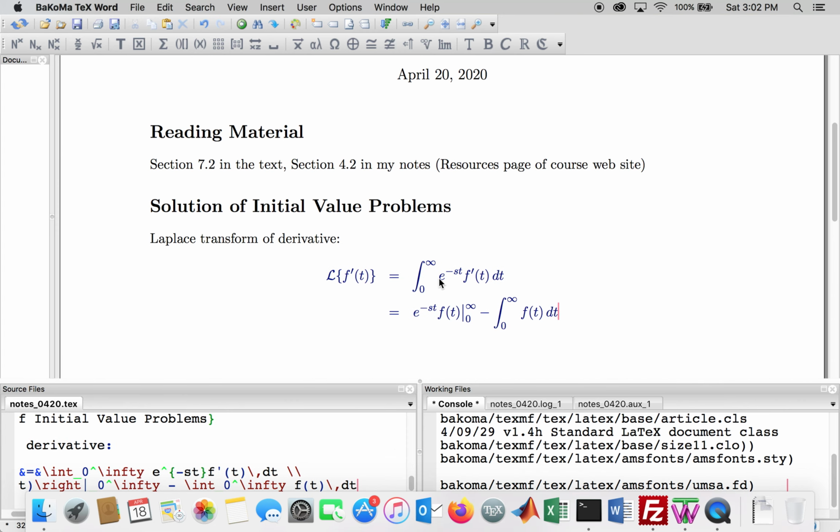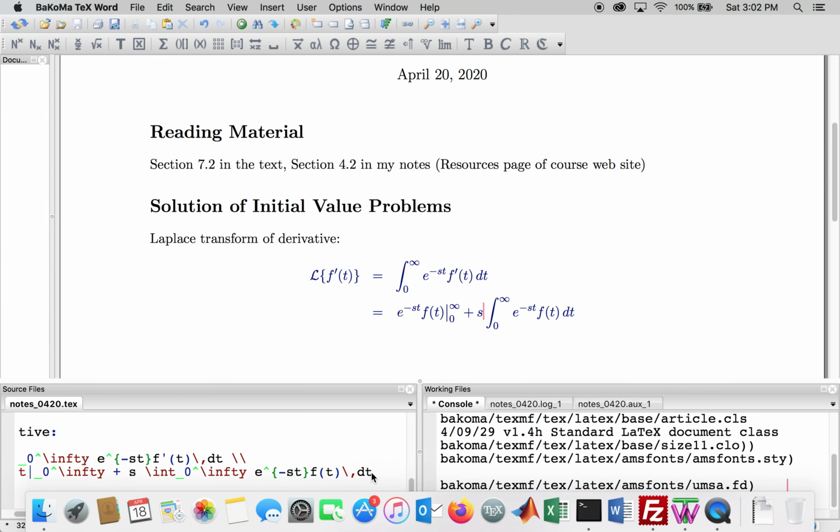Well, du is the derivative of this part, which is minus s e to the minus st. So I'll fill in e to the minus st, and since the derivative is minus s e to the minus st, that will give me a plus and then a factor of s. Now, s I'm allowed to pull outside the integral because the integral is with respect to t.